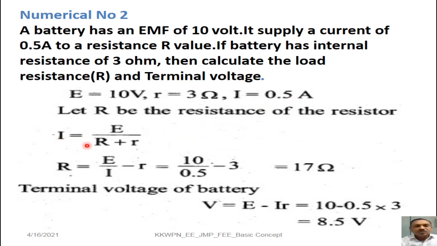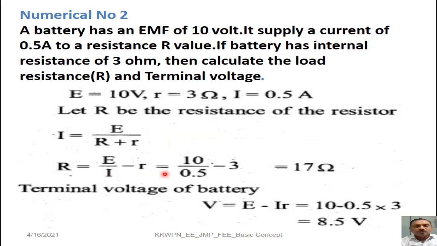Again using the fourth equation, I is equal to capital E divided by the sum of R plus small r. Rearranging this equation, as the unknown is R, through cross multiplication on the LHS and RHS, we get R equal to E upon I minus small r.